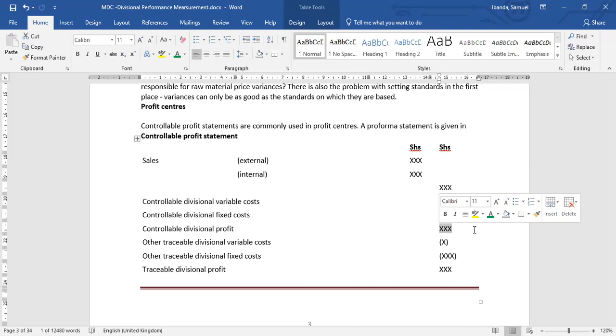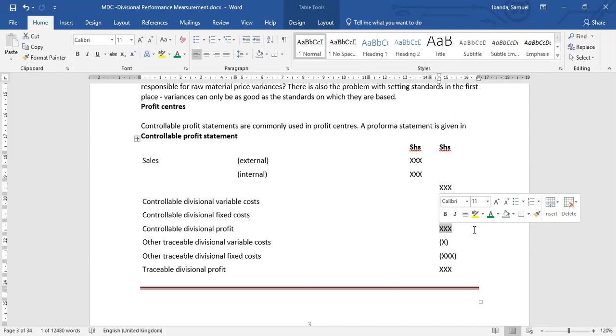In determining the traceable divisional profit from the controllable divisional profit, we go ahead to deduct other traceable divisional variable costs. In most cases, we had left these out because they were not in the control of the respective manager, which is why we list them here in addition.